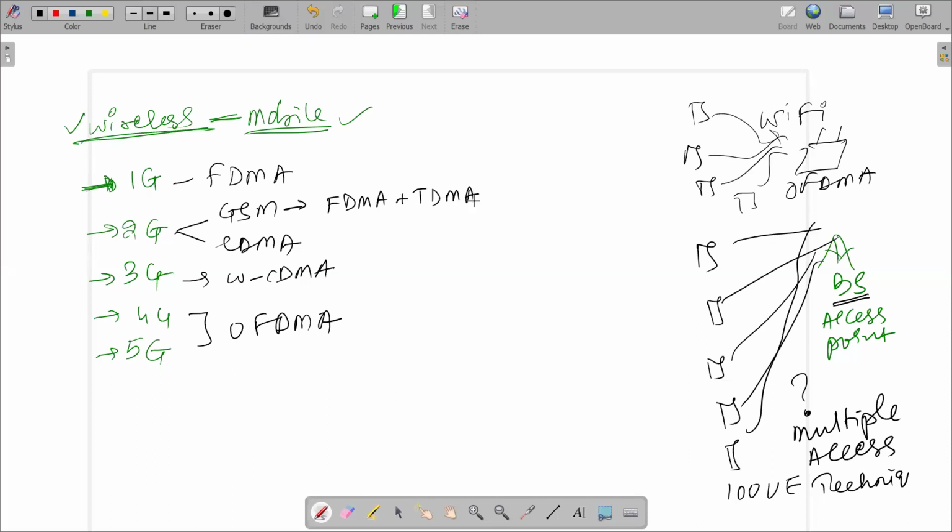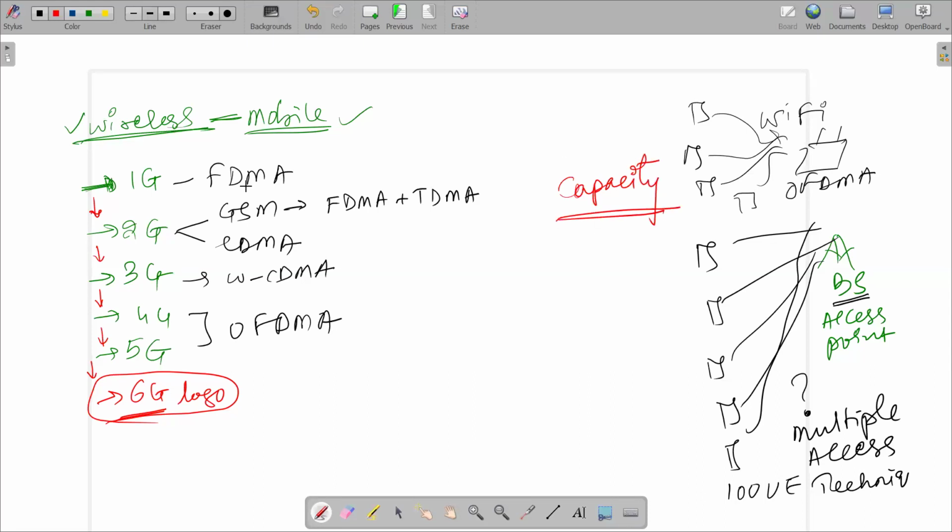Recently 6G is also announced, a logo and some specifications are being built for 6G. So why is the industry moving from 1G to 2G, 2G to 3G, 3G to 4G, 4G to 5G, and upcoming 6G? Definitely I can say capacity. 1G was not able to provide capacity as per the user demand.